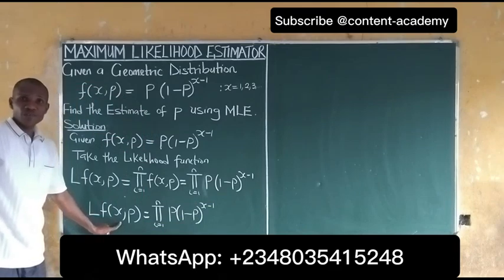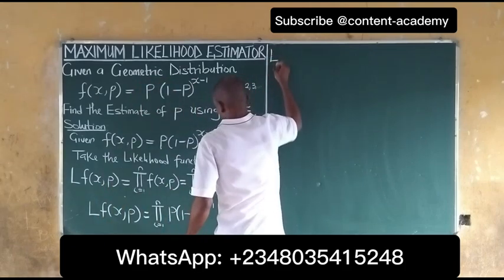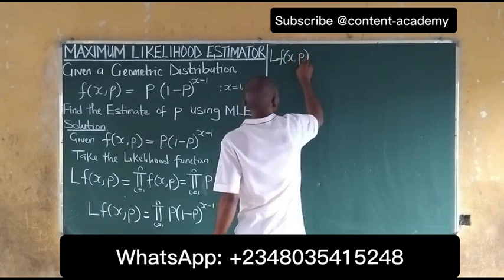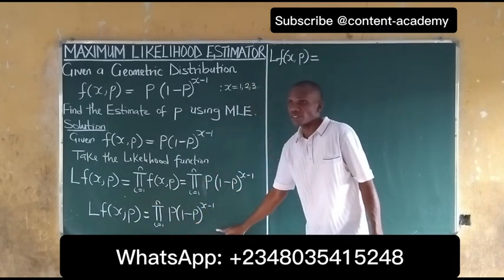So this is the likelihood function we're looking for. How do we get the product? It means we have to take the product of this.